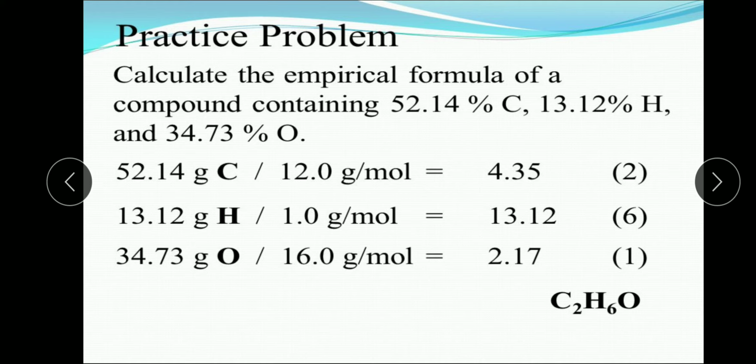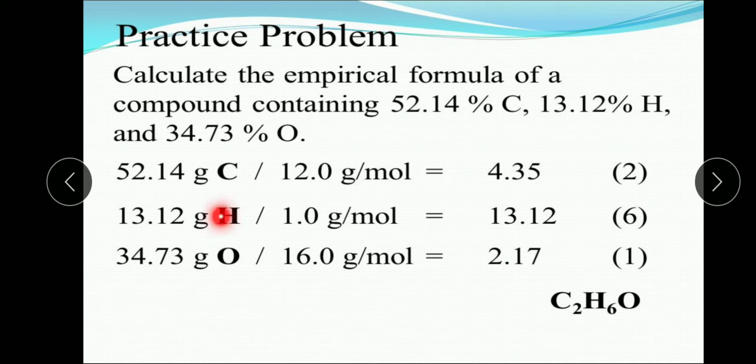Given percentage of carbon is 52.14. Convert that into gram, the percentage is replaced by gram. 52.14 gram divided by 12, which is the atomic weight of carbon, gives 4.35.